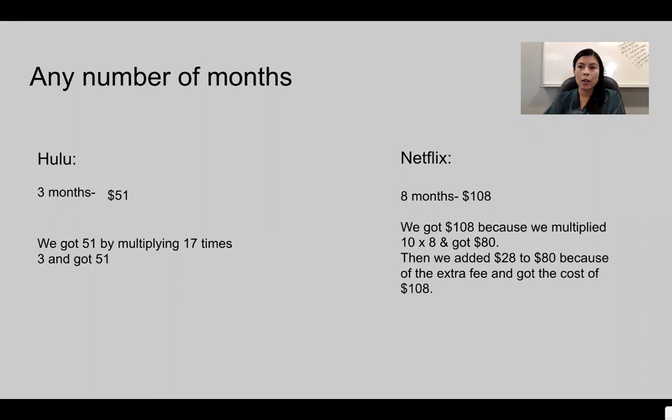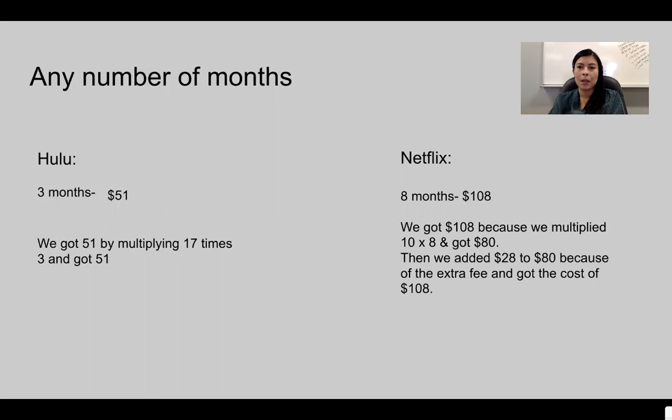So when you do this for your Go Formative and when we write it in the journal, we're not talking about any number of months specifically. Here they did 3 months and here they did 8 months, but we were not talking about a specific number of months. This is for any number of months. So this would not be a correct rule, because this is just one specific example, actually 2 specific examples.